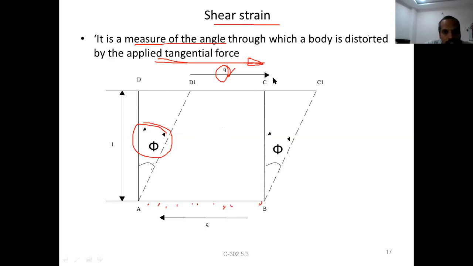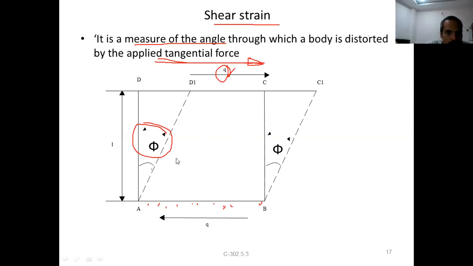Tan pi is equal to opposite by adjacent side. Opposite means CC1 or DD1, divided by L.